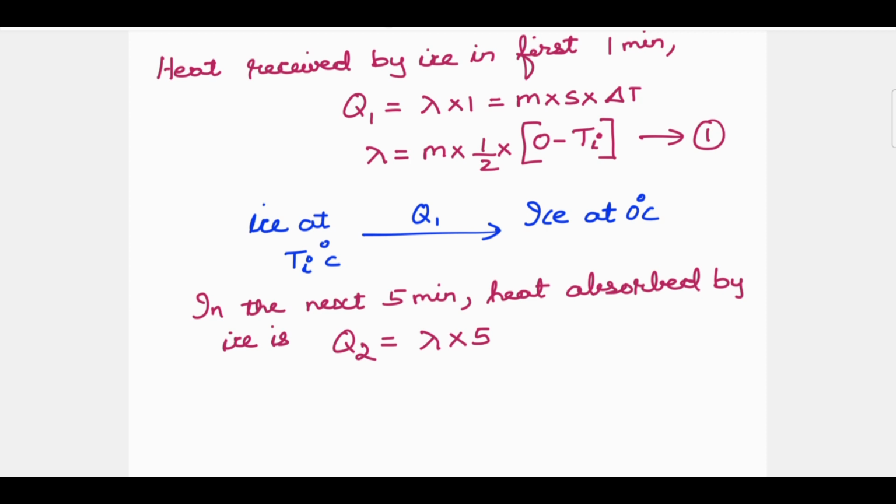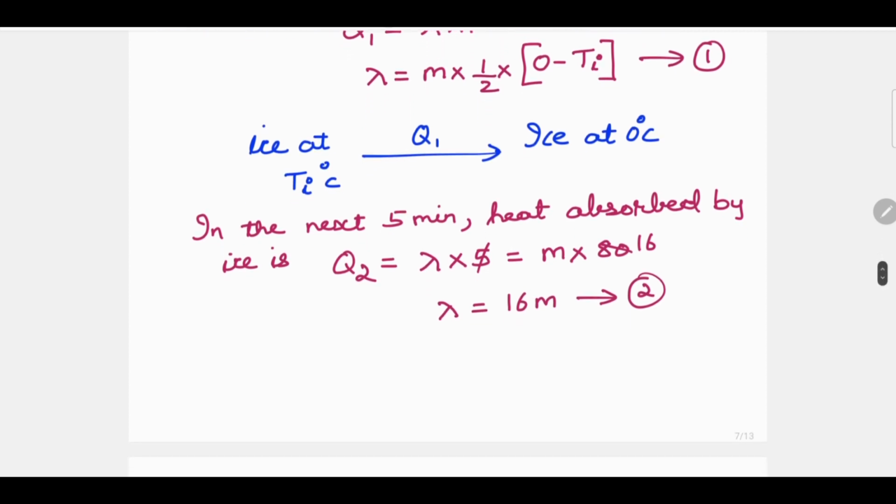So in 5 minutes 5 into lambda calorie will be absorbed, and using that heat it is going to convert it to water. So we can write m into 80, state change equation, mass into latent heat. So from this we can write lambda is equal to 16m, because 5 into 16 is 80. So lambda equal to 16m, equation number 2.